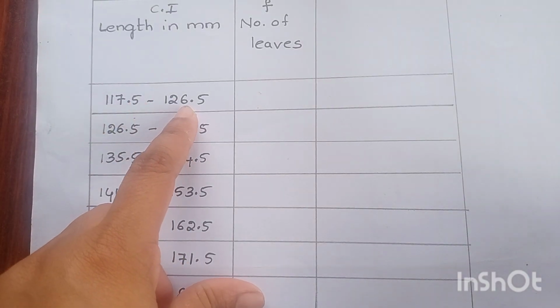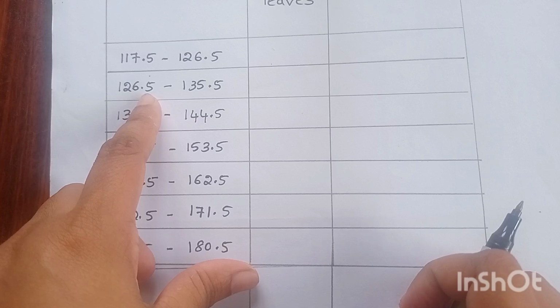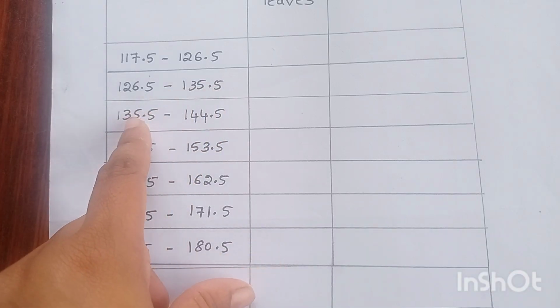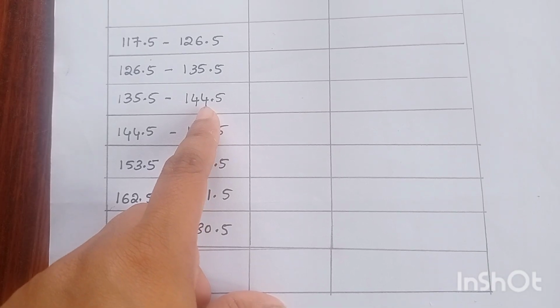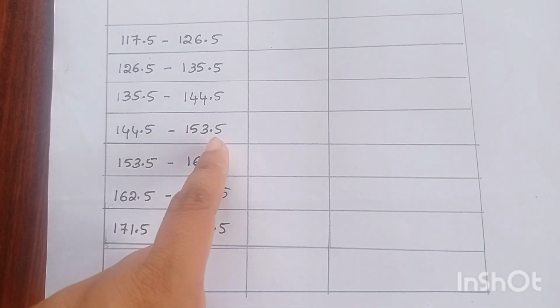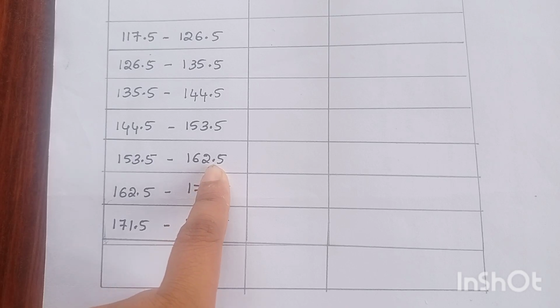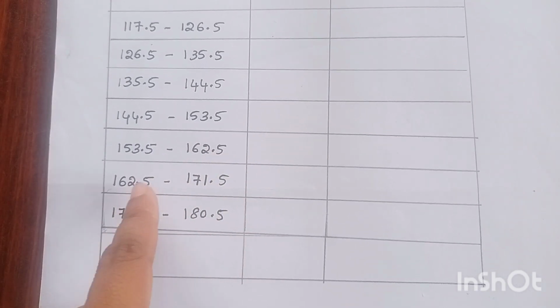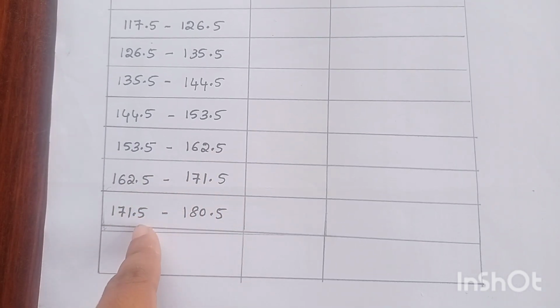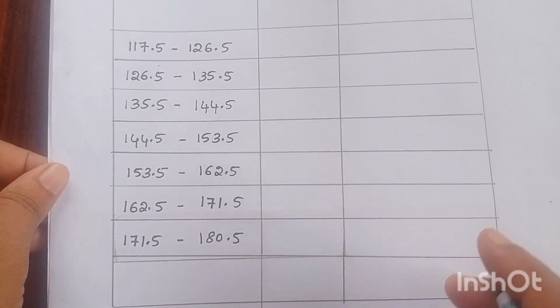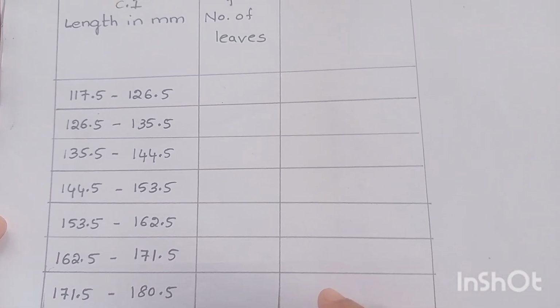See here. 126.5, and the next class interval starts from 126.5, 135.5, 135.5, 144.5, 144.5, 153.5, 153.5, 162.5, 162.5, 171.5, 171.5. Means now we have corrected the order of the class interval. Now we can do the problem.